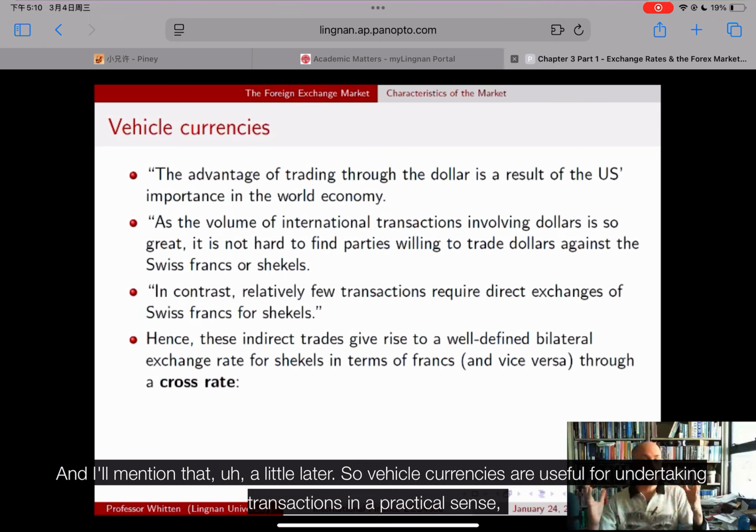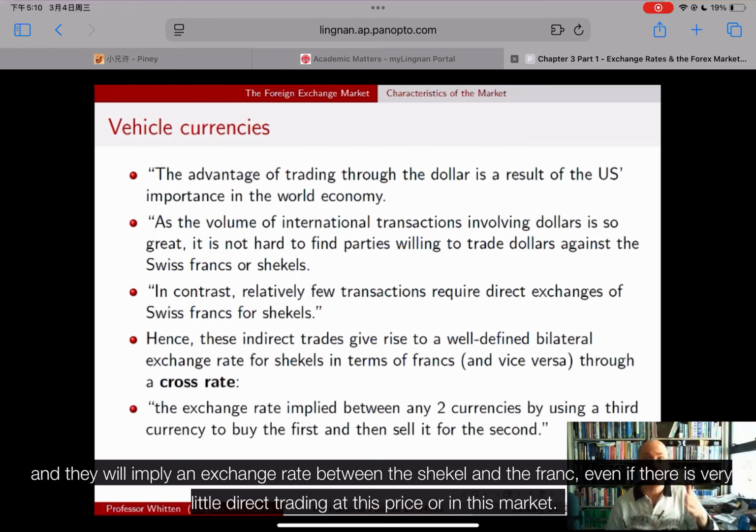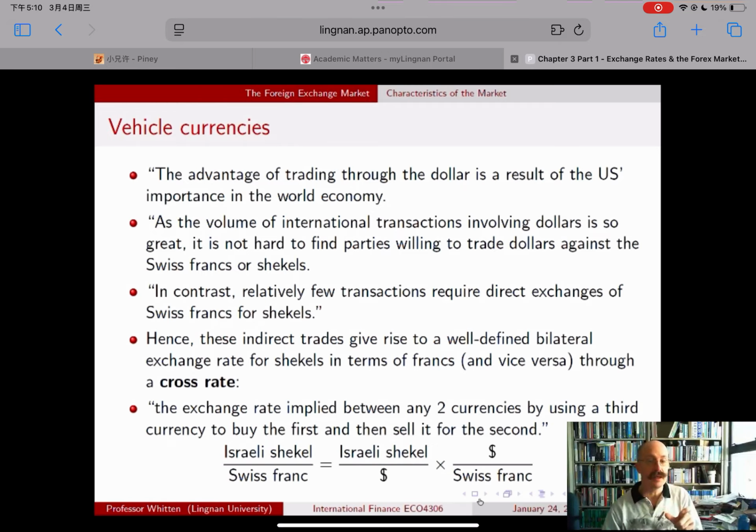So vehicle currencies are useful for undertaking transactions in a practical sense, and they will imply an exchange rate between the shekel and the franc, even if there is very little direct trading at this price or in this market.